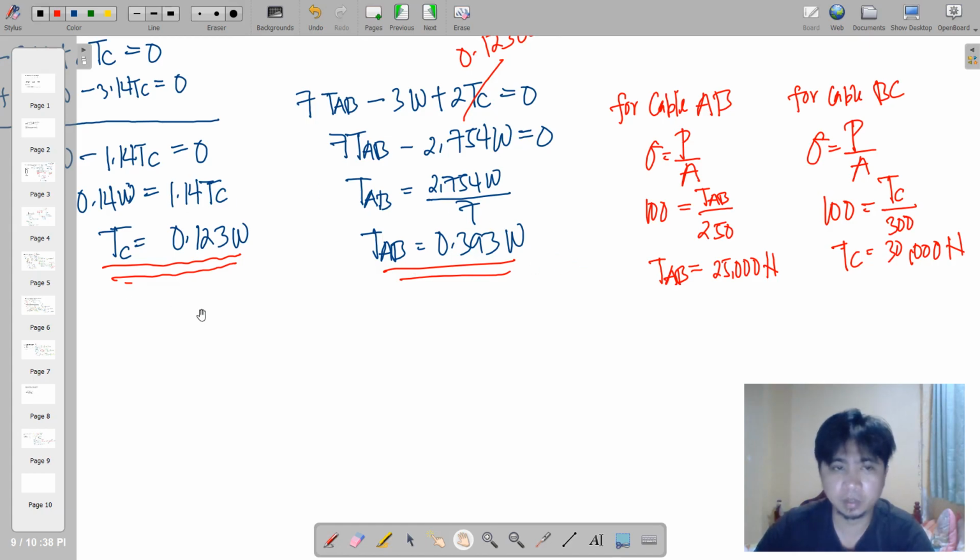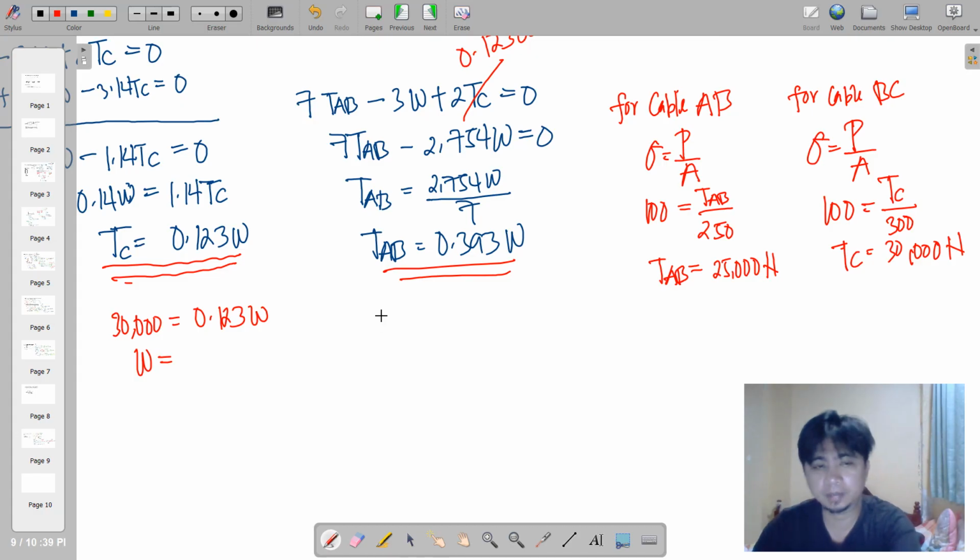So we use the following allowed or tolerable tension and then substitute on the equations. So first we're gonna do it for tension at C. Say this is 30,000, then 0.123 of W. So therefore, W here is 243,902.44 newtons. And we do similar to this equation for AB.